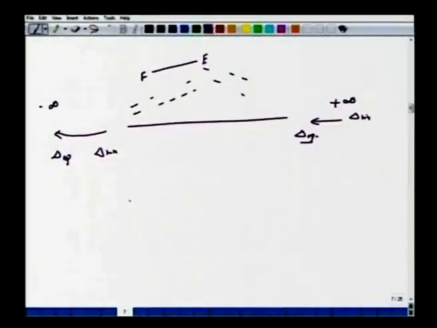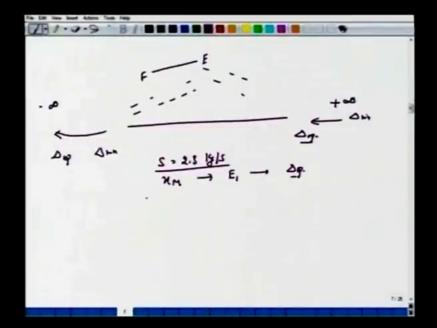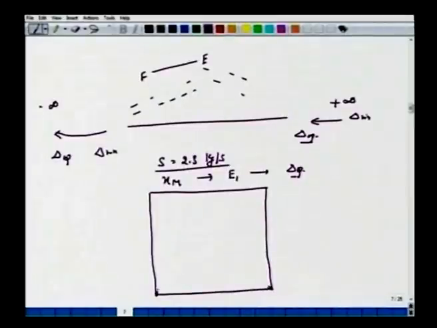Now coming back to the question, for this actual S equal to 2.3 kg per second, how many stages are required? Once we locate xm, from xm we locate the location of E1, then we locate del operating. Once you have del operating, you can construct the stages to find out how many stages are required. So for the last time, again we draw this equilibrium curve like this.